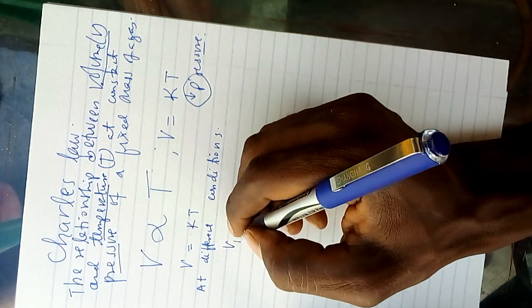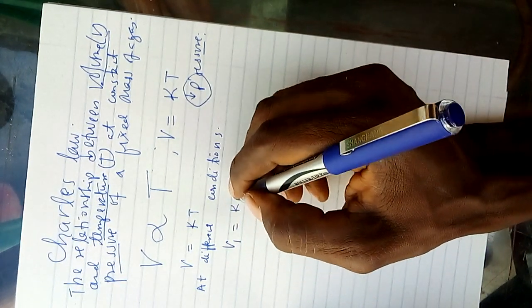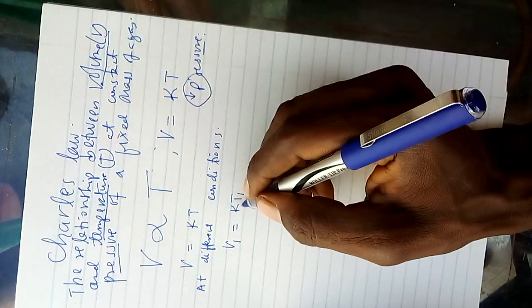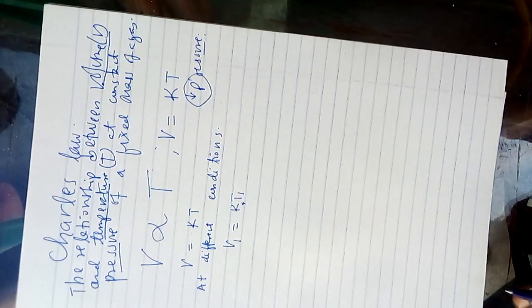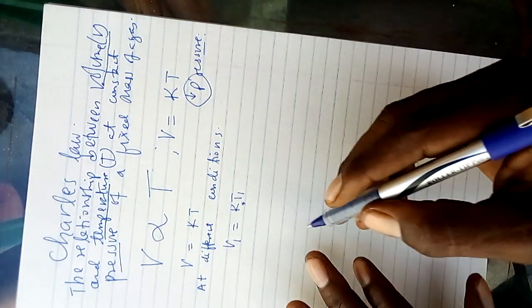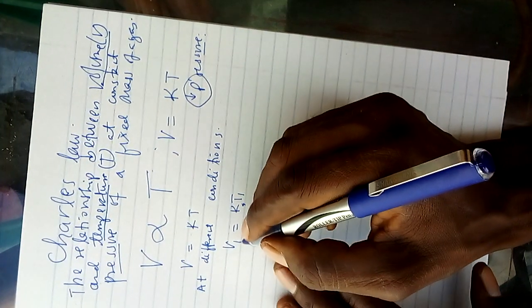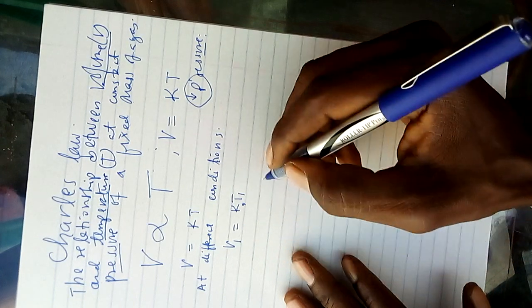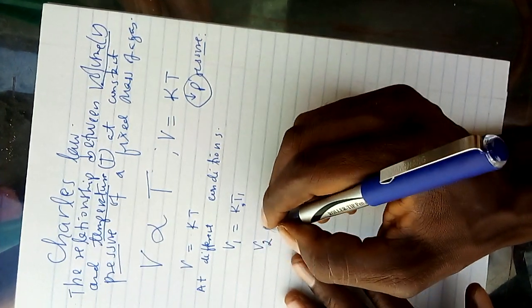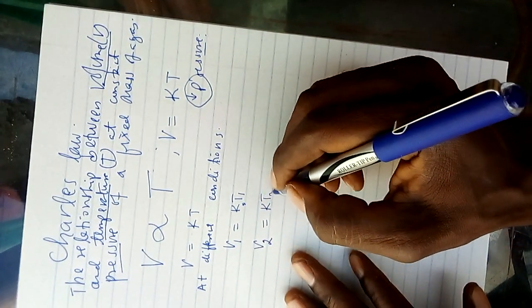Condition 1: volume is equal to K T1, where the pressure is held constant and K is the proportionality constant. If the conditions change, the volume changes and the temperature also changes. V2 is equal to KT2.